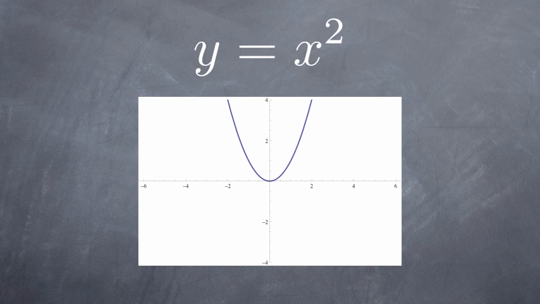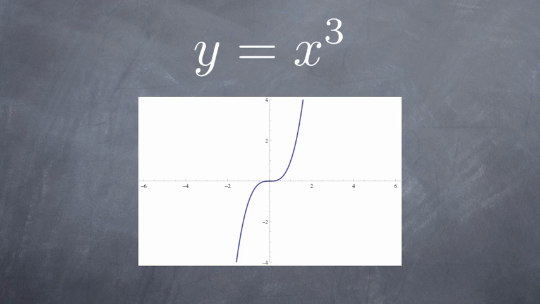In the next chapter, we're going to be working with these a little bit more. But for right now, I want us to recognize that parabolas and quadratic functions go hand in hand. They're the same thing.